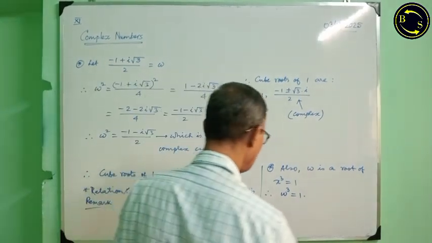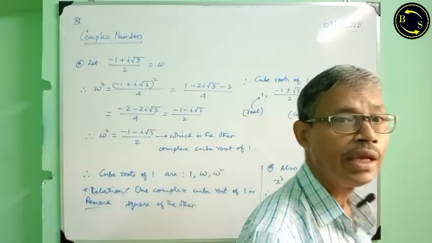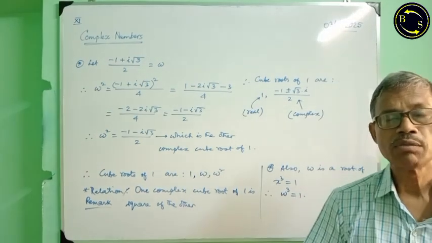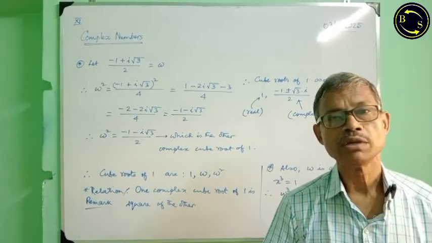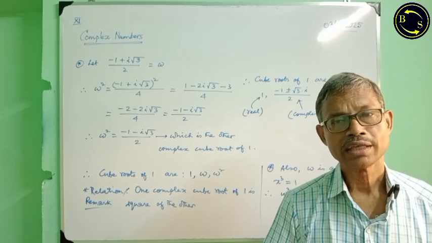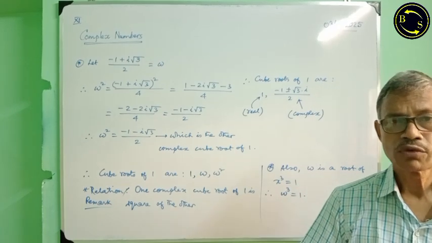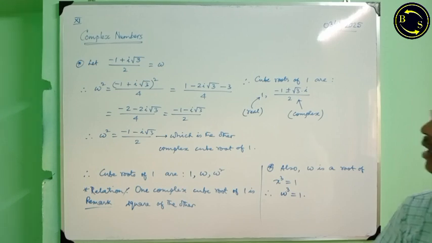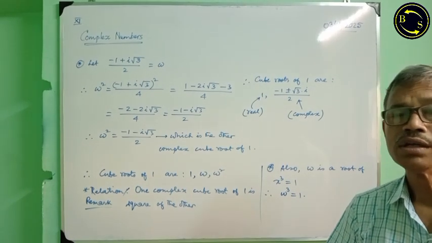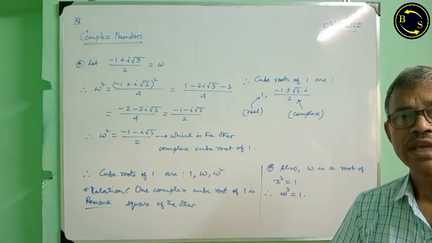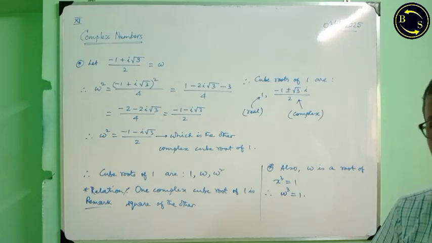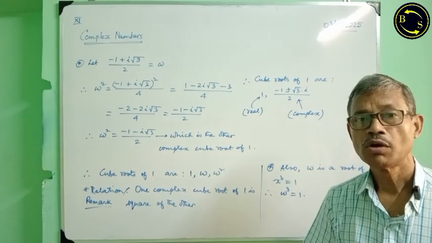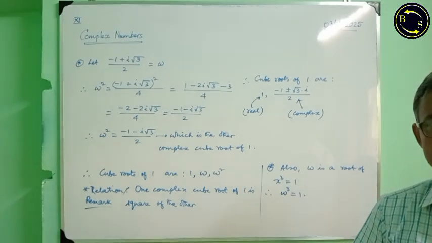Again, after resolving x cube minus 1, we got x minus 1 into within brackets x square plus x plus 1, and from that we wrote that either x equal to 1 or x square plus x plus 1 is equal to 0, and from the latter one we got two roots omega and omega square.